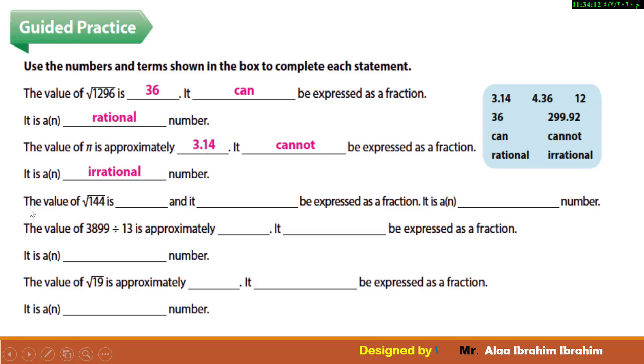So we're going now to the value of root 144. Yes, you remember we were just talking about this a few seconds ago. So this will be 12 and can be expressed as a fraction, and this is a rational number. We can divide this number by this number, make a long division and try to find it. But here it is approximate, so this means there is no final whole answer.